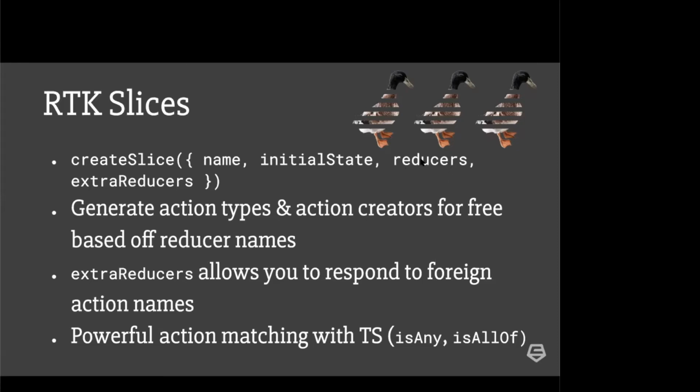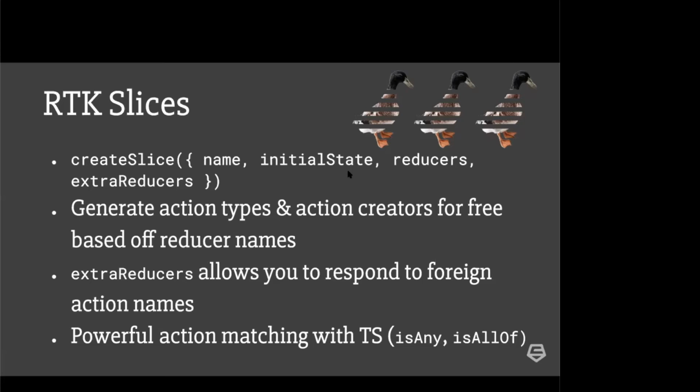So this reducers argument that's passed to createSlice is an object of reducers that each target one action in particular. So instead of some massive switch inside your reducer function where you're switching off the action name, you can instead write the body of each case as a separate function.